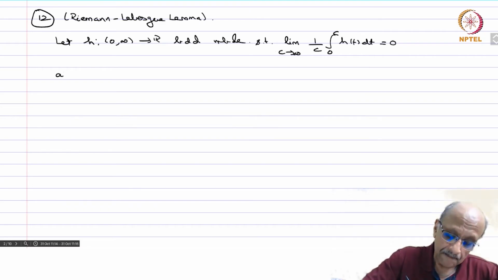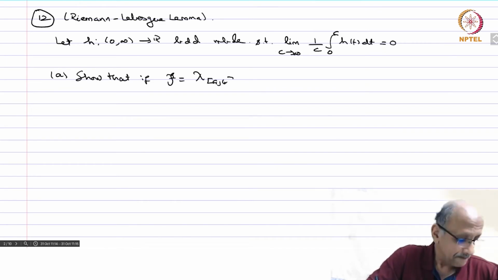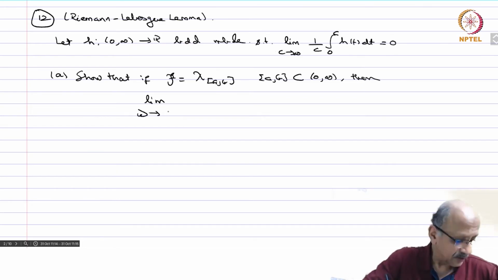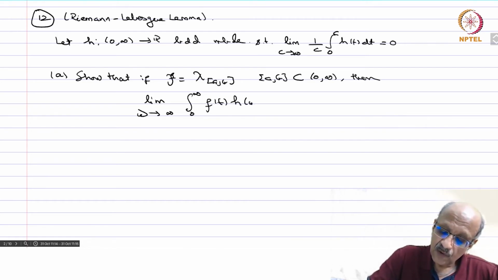So the average of this function as the interval becomes larger and larger tends to 0. Okay, so A, show that if f equals chi of [a, b], with [a, b] contained in (0, infinity), then the limit as omega tends to infinity of the integral from 0 to infinity of f(t) h(omega t) dt equals 0.